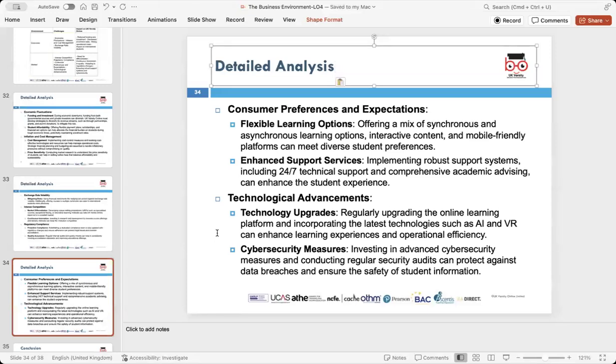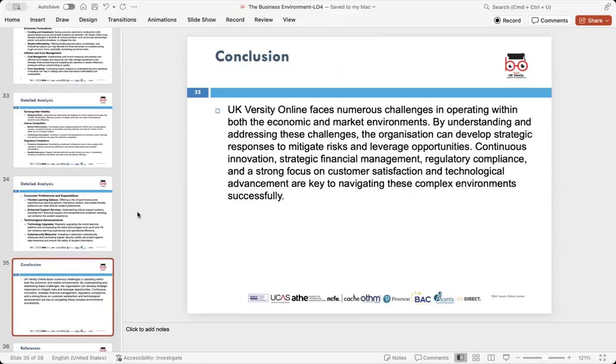Investing in advanced cybersecurity measures and conducting regular security audits are important for protecting students' data and ensuring the safety of the online platform.